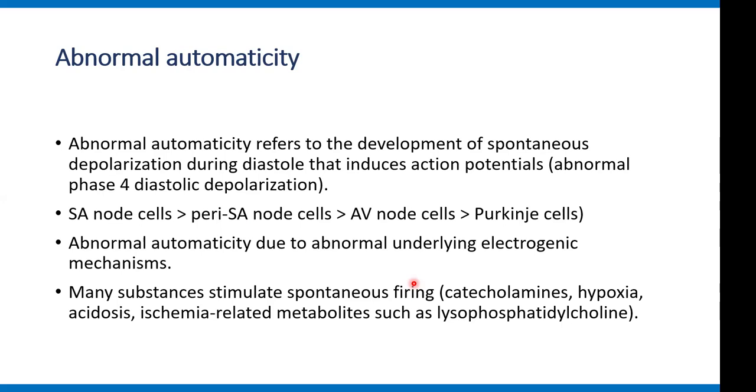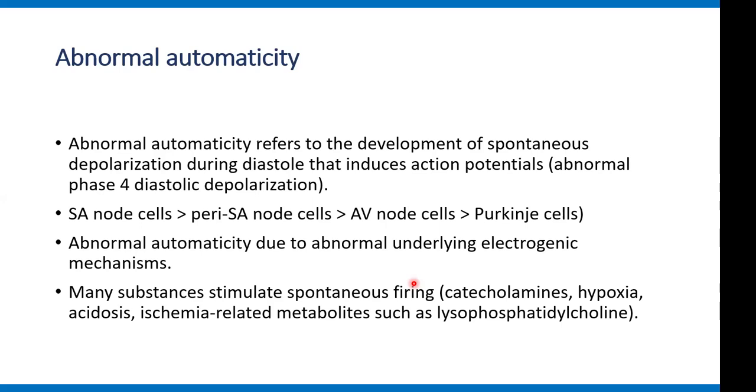It needs to happen as the SA node deems fit. But what happens is that we can have what? Spontaneous depolarization happening during this period. And that happens more easily in the SA node cells than around the SA nodal cells, the AV node, and then the Purkinje system are the last to have abnormal automaticity.